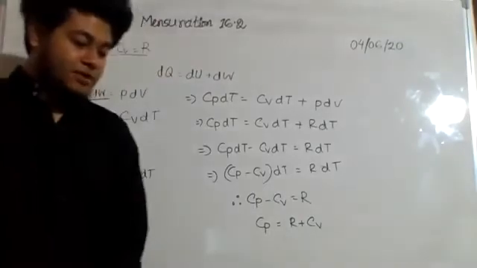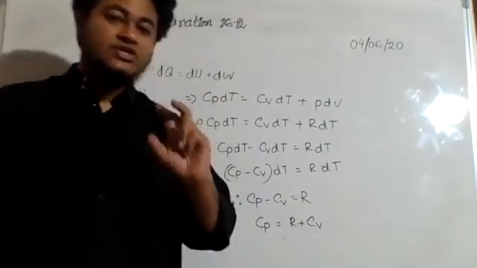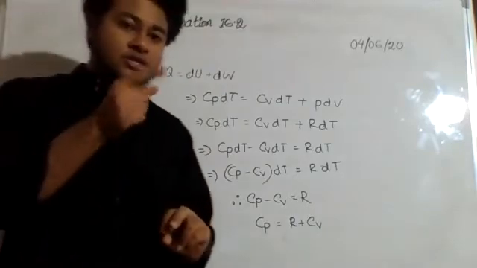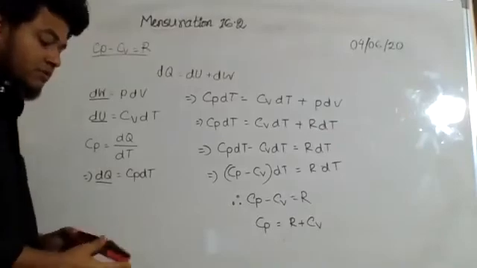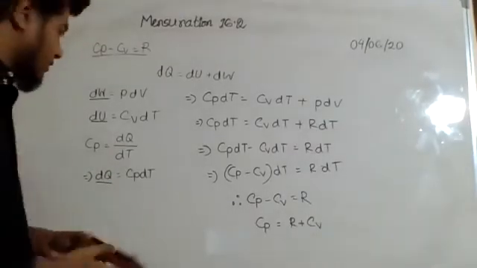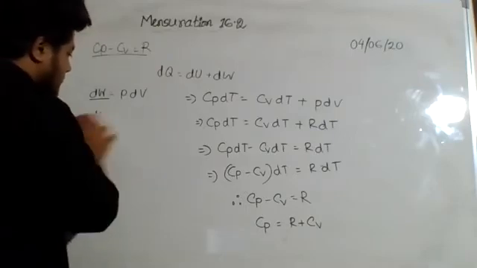Okay, now page number 18. The ratio of two molar specific heats, and this ratio is known by a special symbol, that is gamma. I hope you all are familiar with the symbols alpha, beta, gamma, right? Yes.